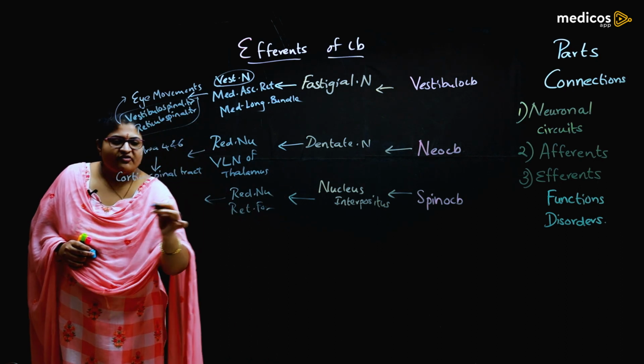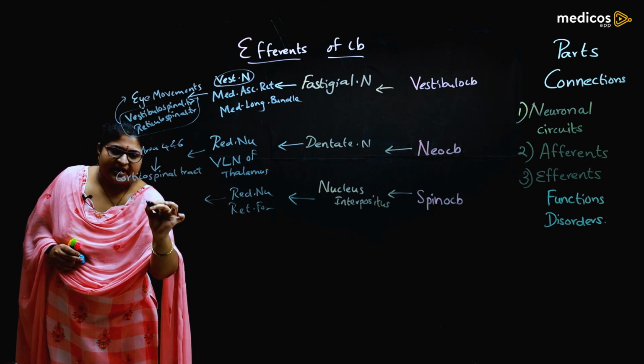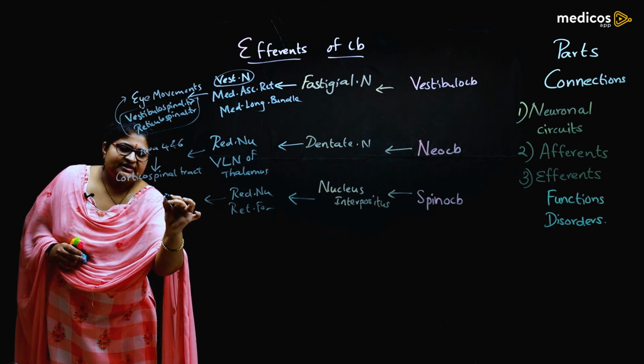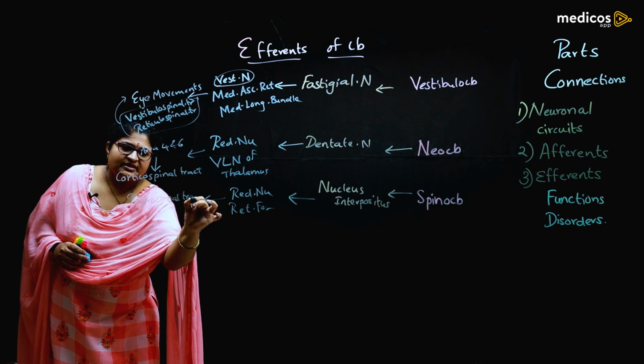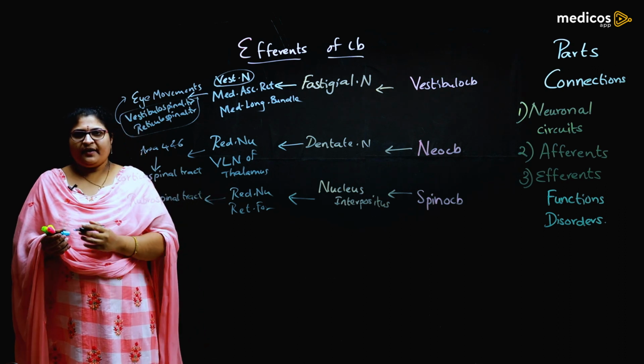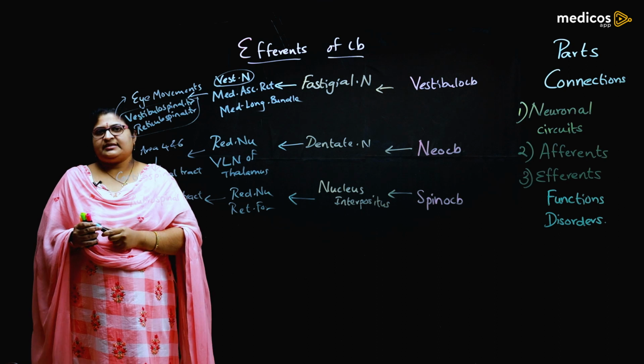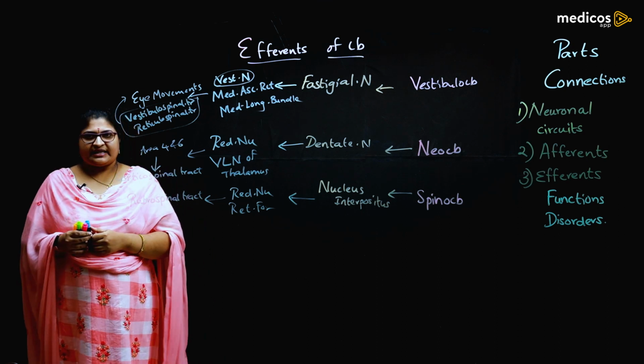So it is going to influence the rubrospinal tract. So the cerebellum is influencing the descending pathways. These are the different effects that are coming away from the cerebellum.